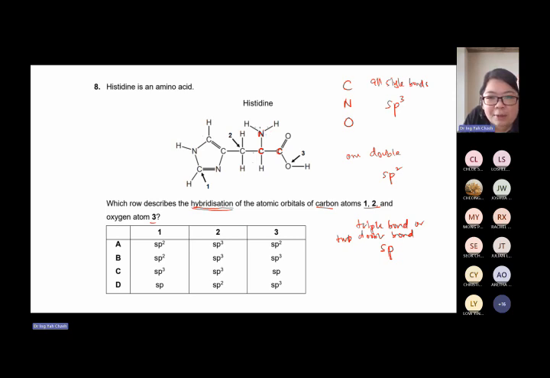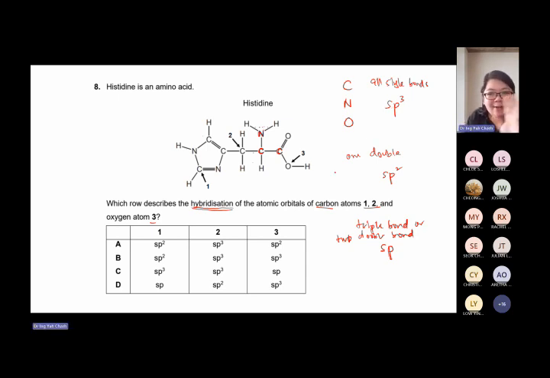Because this nitrogen has a lone pair. That lone pair is actually counted in also. But I don't want to make your life so difficult. As long as you see everything single bond, including this O, also all single bond, so sp3 hybridization. I think it's a faster way to solve this question.